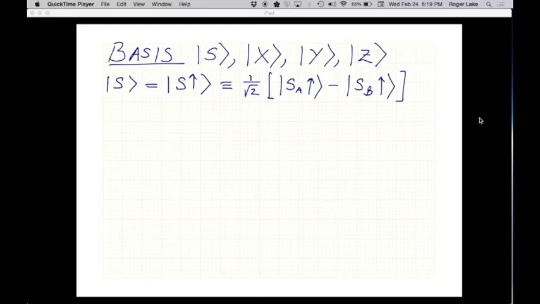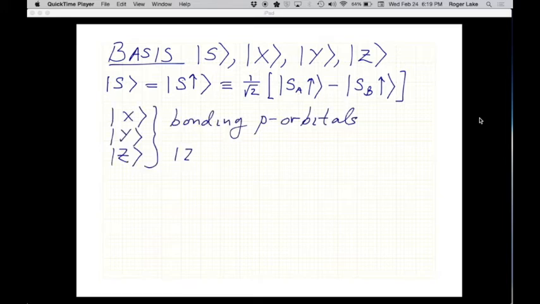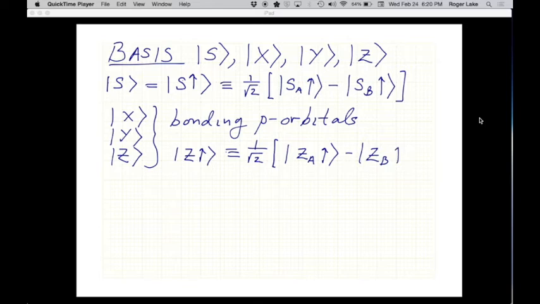And these guys, X, Y, and Z, are bonding p orbitals. For example, this one would be 1 over root 2 times Z on the A atom up minus Z on the B atom up. This was our bonding p orbital for the valence band, and you'd have the same for X and Y, which define the valence band edge in the absence of spin-orbit coupling.